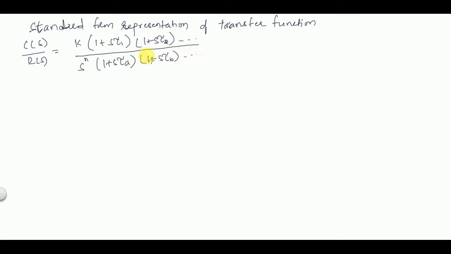This is called the time constant form. And there is another form to represent the transfer function.